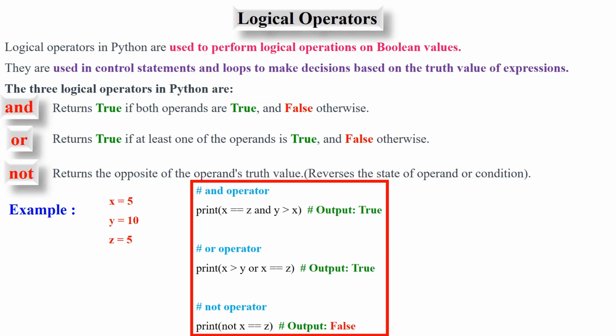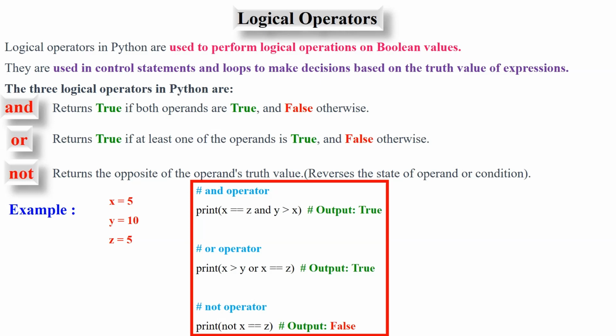The expression x equal to z evaluates to true because x and z both have a value of 5. Since one of the operands of the OR operator, x equal to z, is true, the overall expression x greater than y or x equal to z evaluates to true. Therefore, when you print the result, the output will be true.